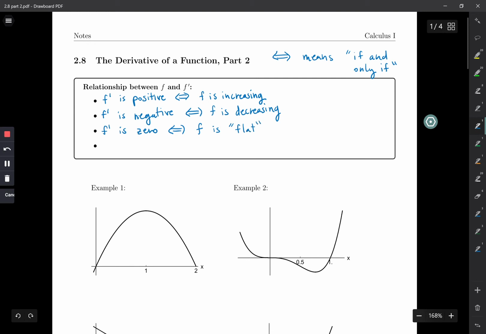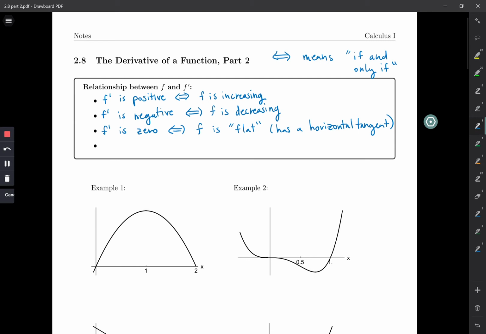So what I mean by that is that it has a horizontal tangent. Now, it's not really flat in the sense that you might think it would be, because this is happening at a particular point. So when I say flat at a point, I mean that it has a horizontal tangent.